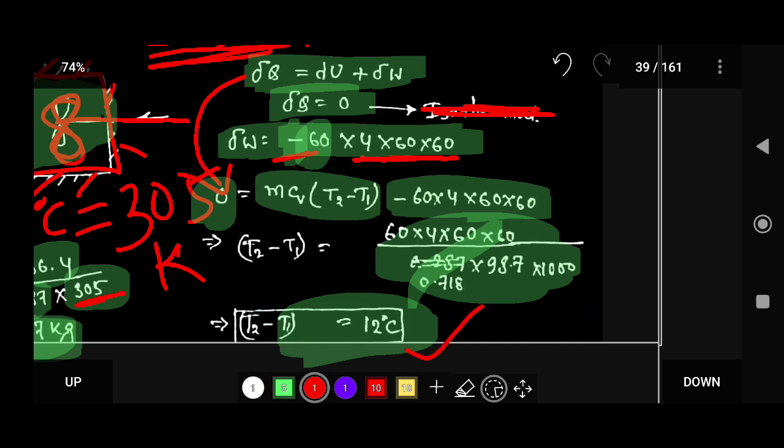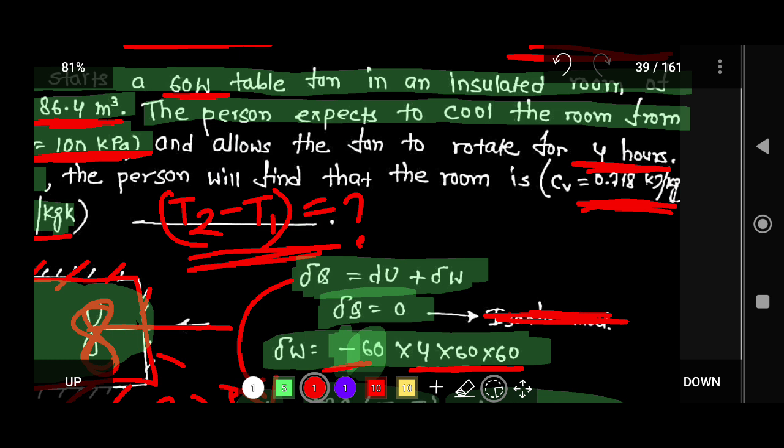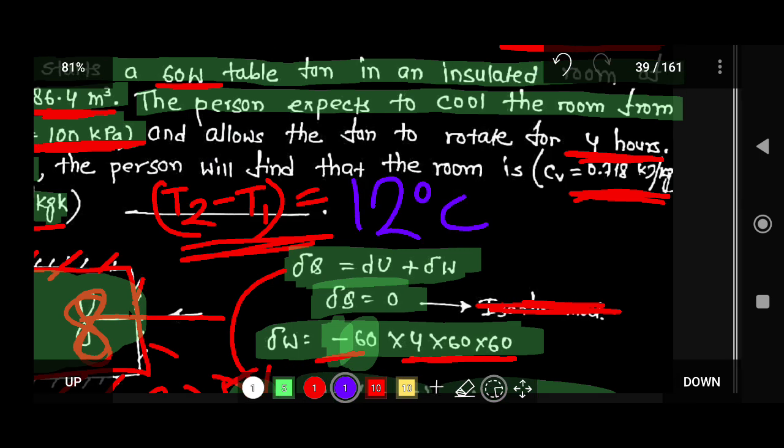So this is the answer. Here the temperature increases, so we can comment that the room is hotter. The value of T2 minus T1 will be 12 degrees Celsius.